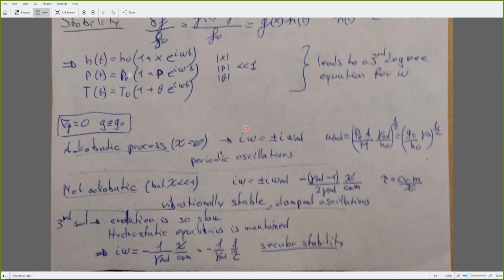We have the classical i omega is more or less plus minus i by this adiabatic frequency that depends on the characteristic of the system, and H0 is the initial height, and the adiabatic coefficient.